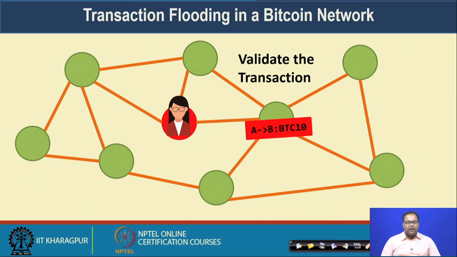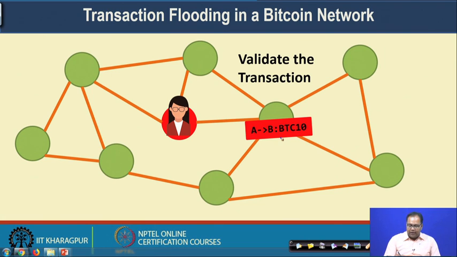To validate a transaction, you can first run the input script and the output script which are associated with your Bitcoin transaction. By executing that script, you can find out whether Alice actually initiated the transaction or not. Say a transaction looks like it is from Alice to Bob.